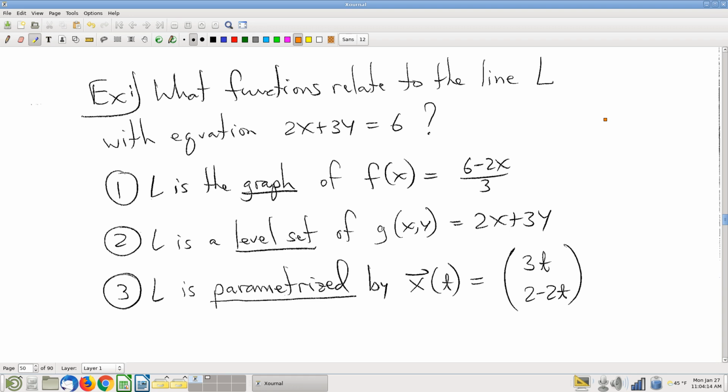So the question takes the form of: here's a line, or here's a curve, or here's a surface, what have you. And I'll say, for what function is this the graph? And for what function is this a level set? And give me an example of a function that parameterizes it. Those kinds of questions.